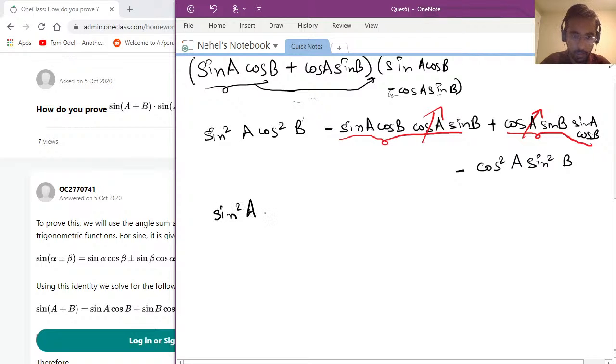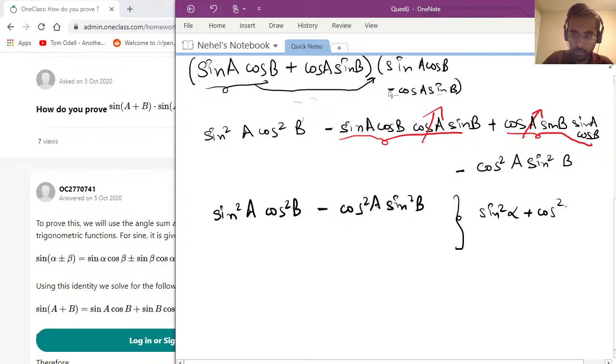sine square A cos square B minus cos square A sine square B. Since we know that the final answer which we need to prove is entirely in terms of sines, we need to get rid of these cos squares. So a property which we're familiar with is that sine square alpha plus cos square alpha is equal to 1.